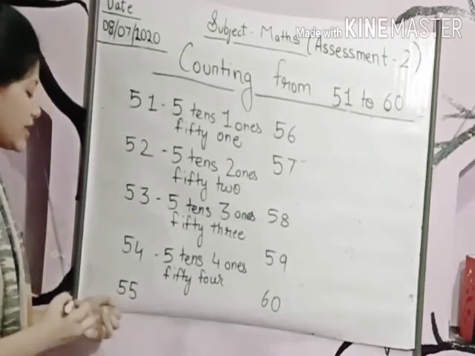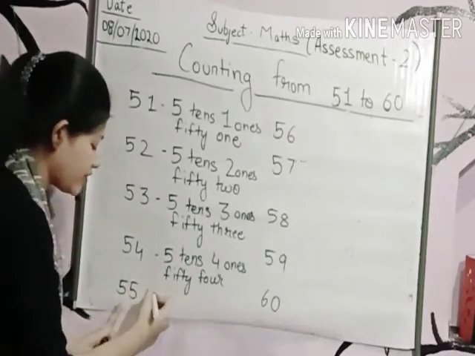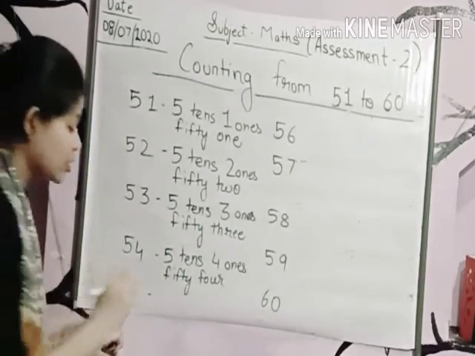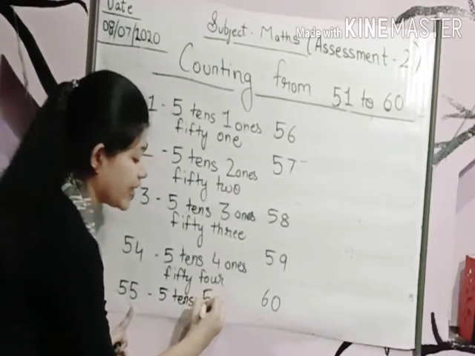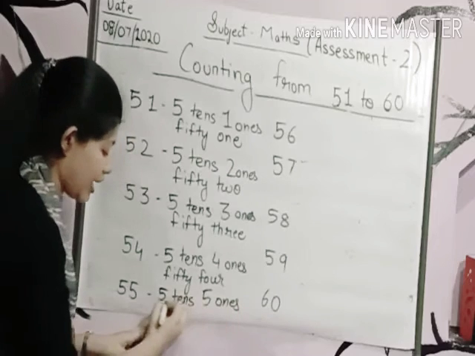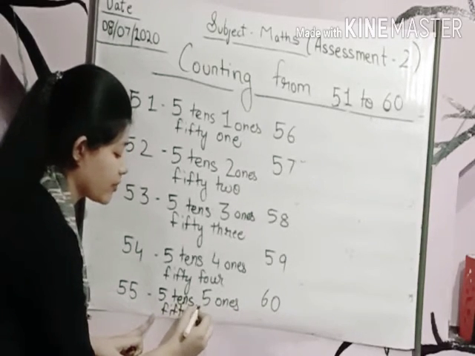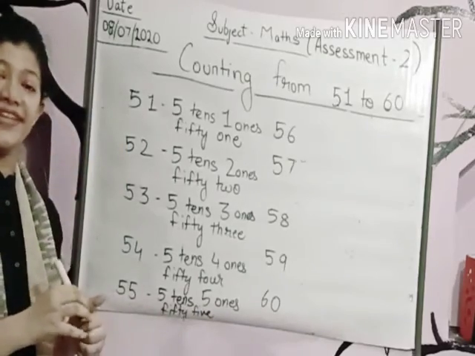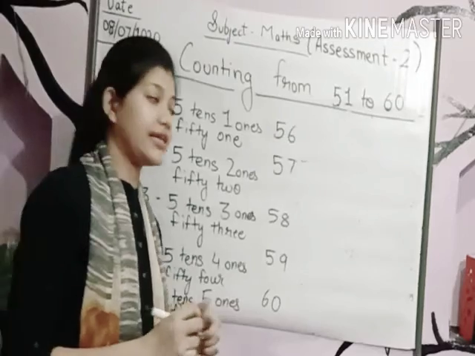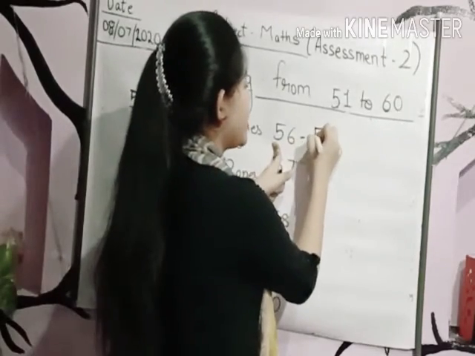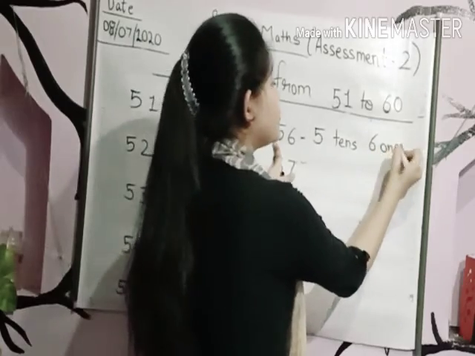Okay, now let's learn number 55. 55 has 2 5s. Yes, so we will write it as 5 tens, 5 ones, which can be written as 55. Yes, now let's come to next number, that is 56. Now 56 can be written as 5 tens, 6 ones.